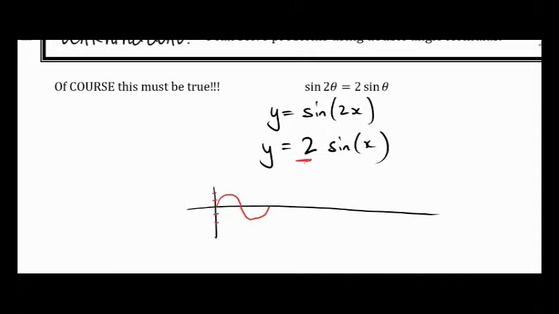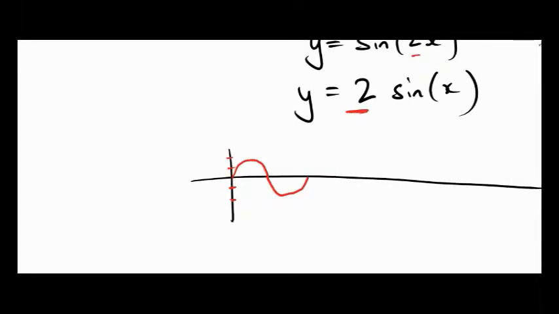So this one is a change in amplitude. And this one is an actual horizontal compression, because we're multiplying by 2. I made my graph too small, of course. It's only going to go halfway, something like that. Those are not the same graph.